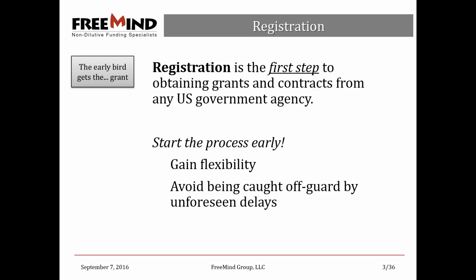And in addition to that, you could avoid being caught off guard by unforeseen delays. For example, starting the registration process a week before the grant submission, and just making sure that you're not in a situation in which you've written a grant and you just can't submit it. That could be incredibly frustrating, so let's avoid that.